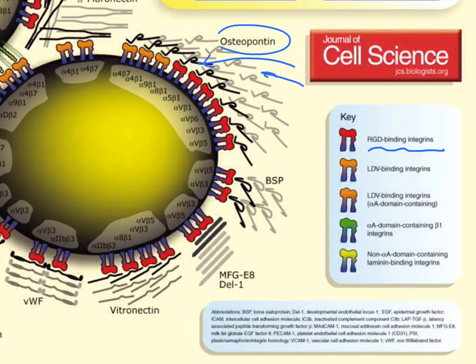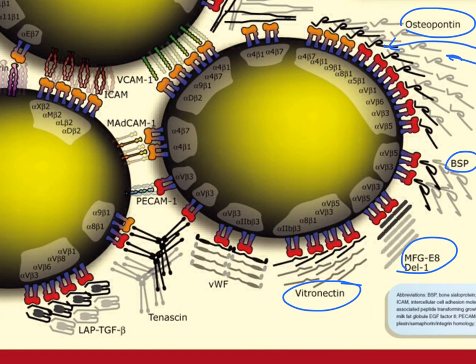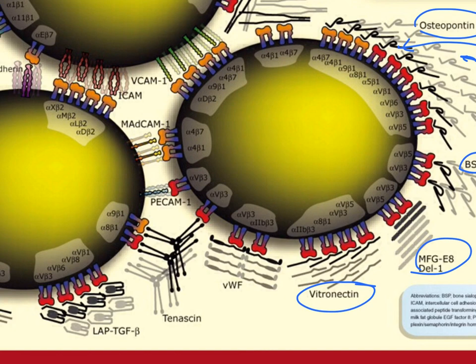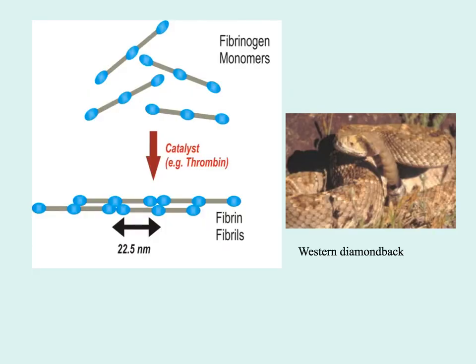So we have red here. Here's an RGD binding protein, RGD binding protein. Tons and tons of RGD binding proteins. So this RGD sequence shows up in multiple places throughout biology.